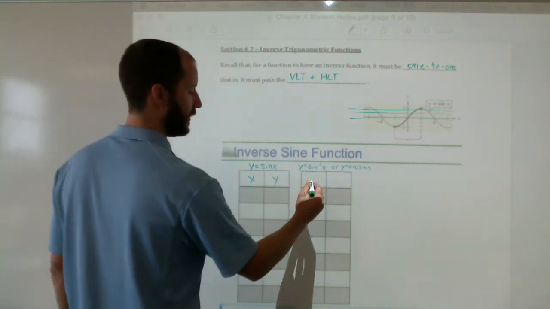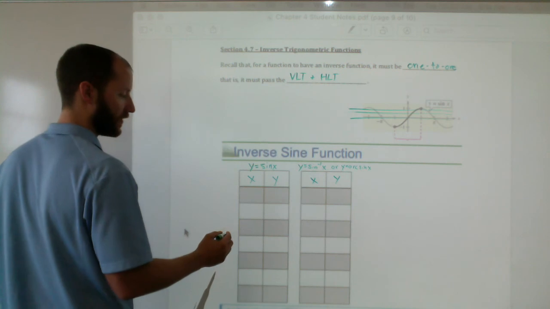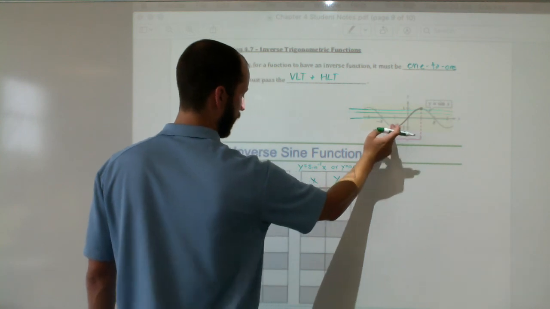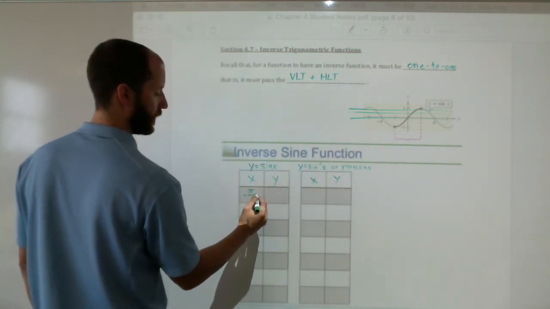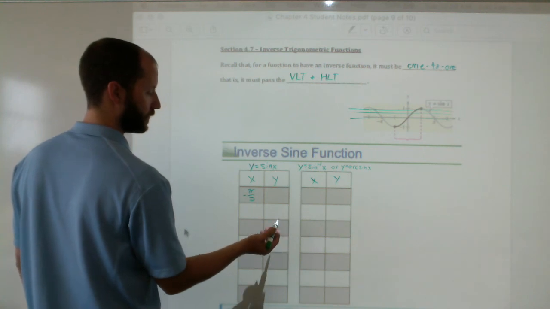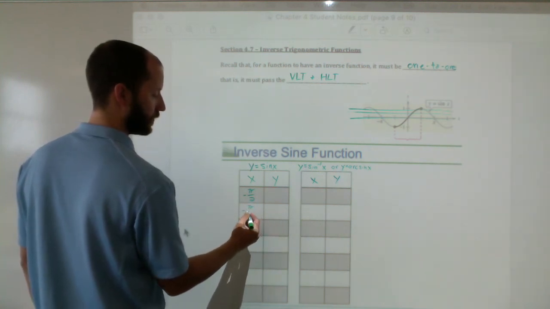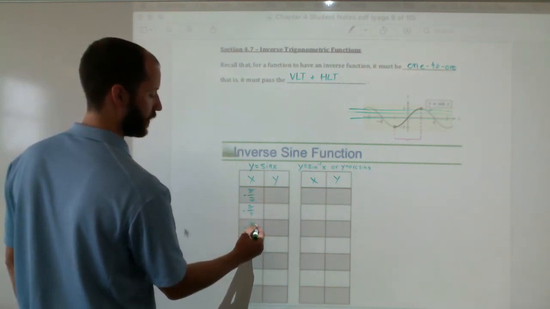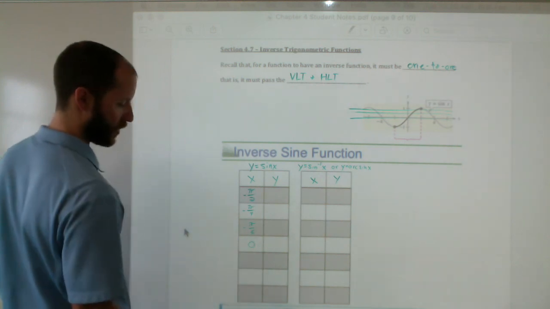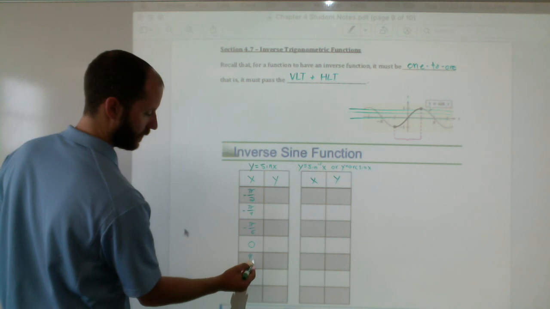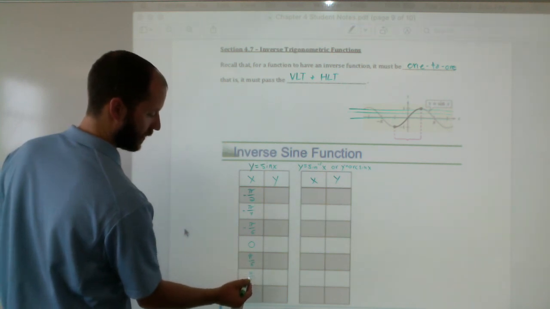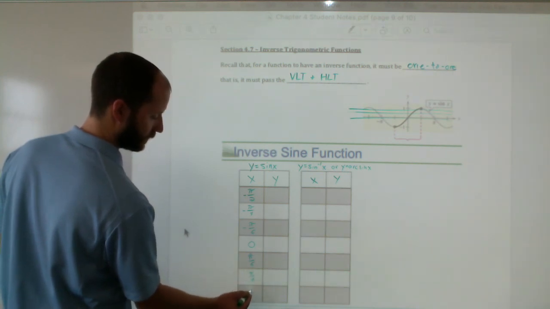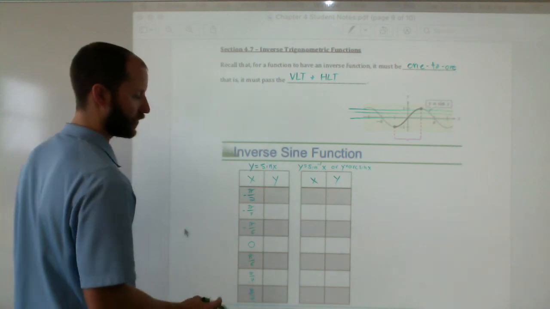So let's take a look at x and y. Let's start at this leftmost end, this minimum down here. That'd be negative pi over 2. And then we'll cycle through these: negative pi over 4, negative pi over 6, 0, pi over 6, pi over 4, and pi over 2.